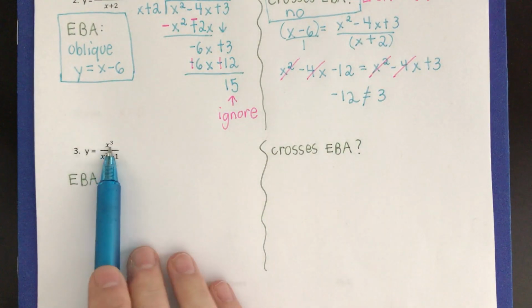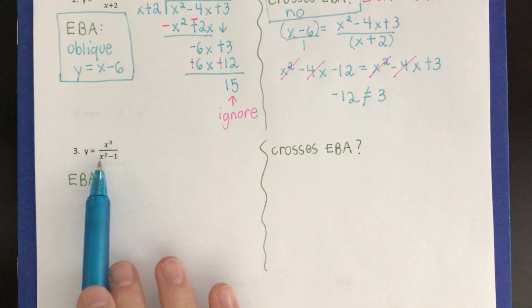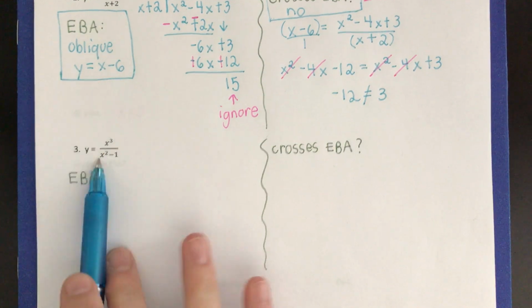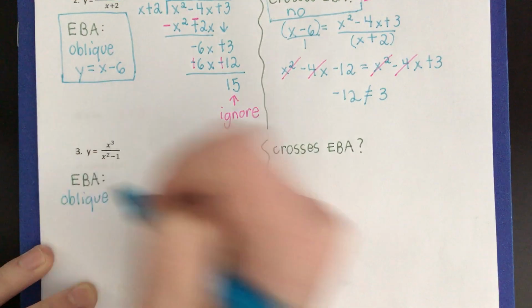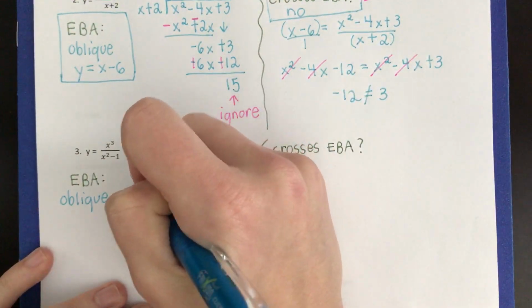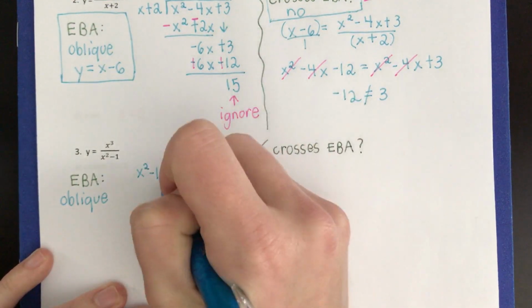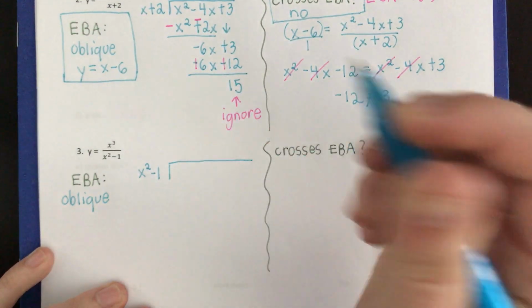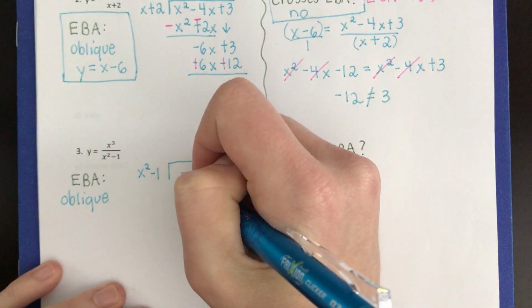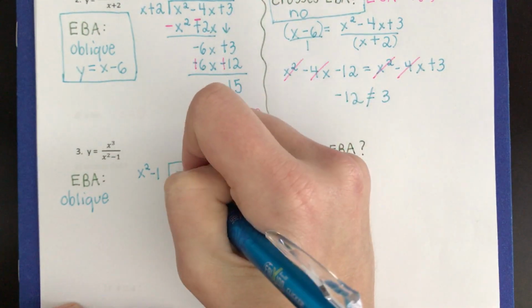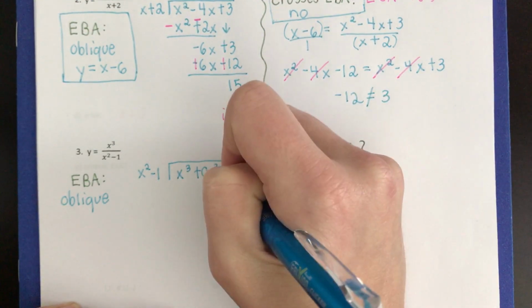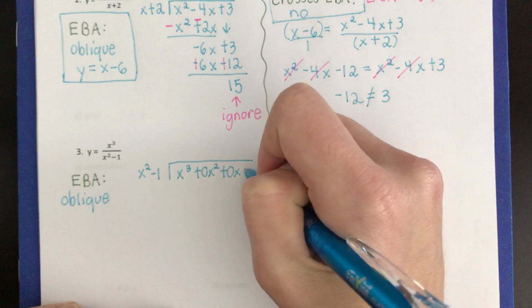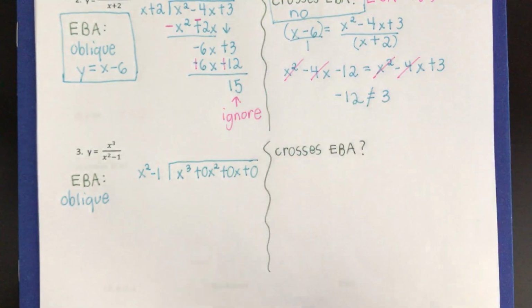So again, degree of numerator is 3, degree of denominator is 2. So we have an oblique asymptote. I'm classifying first. And then I am taking that divisor, the denominator, x squared minus 1, and putting the numerator, x cubed plus 0x squared plus 0x plus 0.